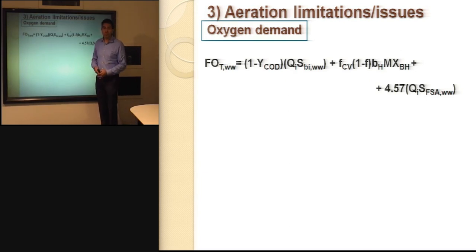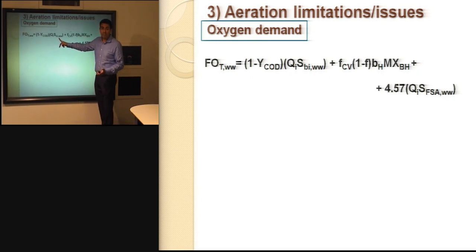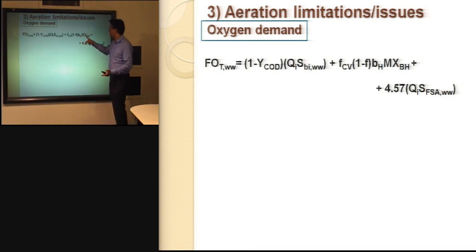Why? Because first, we were treating a certain amount of organics and a certain amount of nitrogen in the system, which can be estimated with this equation that takes into account the biomass yield on COD basis, the flow rate, the amount of biodegradable organics present in our system, the endogenous processes of the active biomass, the fraction of endogenous residue generated, and the conversion from that endogenous residue into COD units, plus the amount that is needed for nitrification.